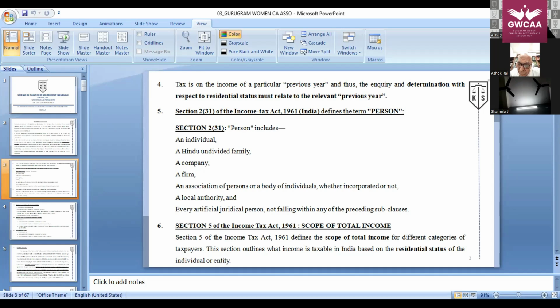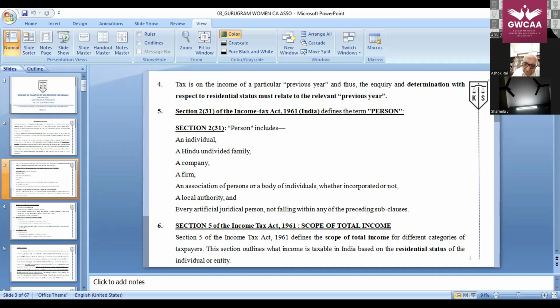Please understand, the persons who are Indian citizens, their Indian income is taxable, and not only that, whatever income they earn in the foreign country, that is also taxable in India. But there are provisions of DTAA treaties and how we can avoid the problem of double taxation that we will understand later on.